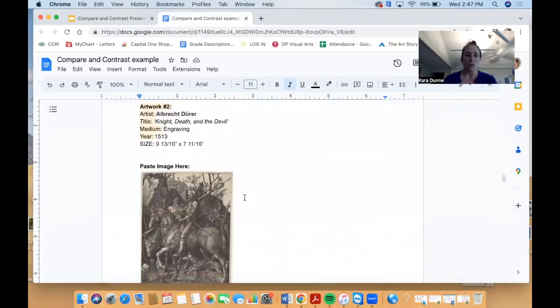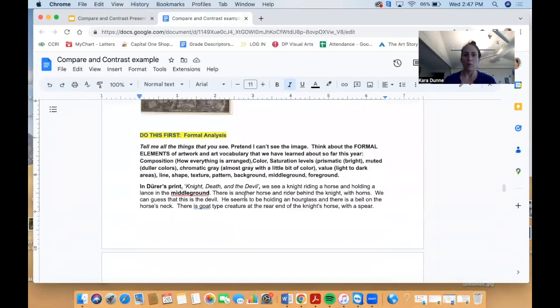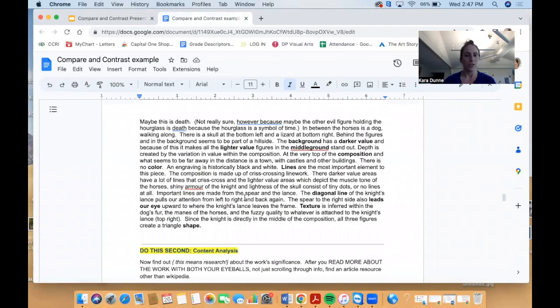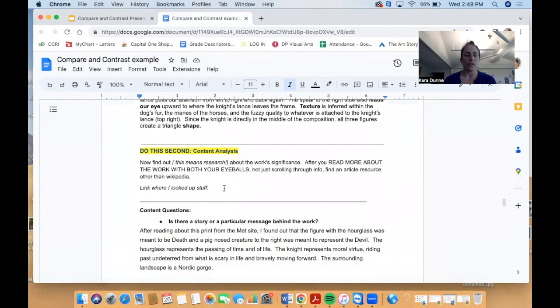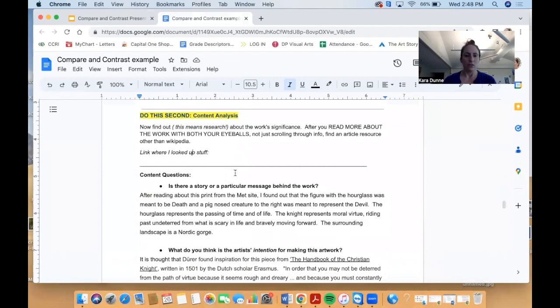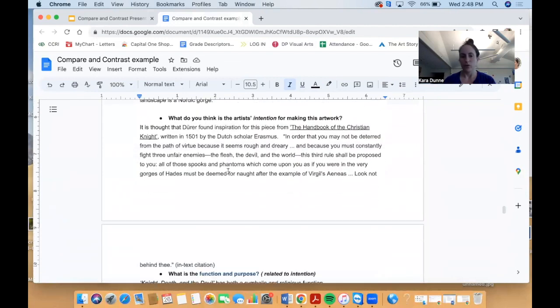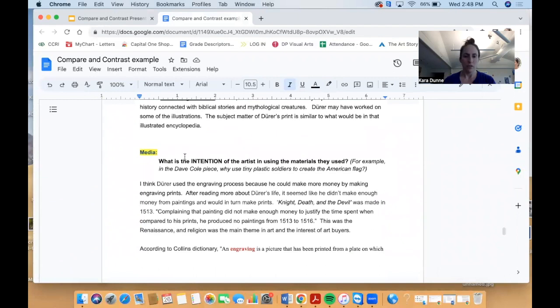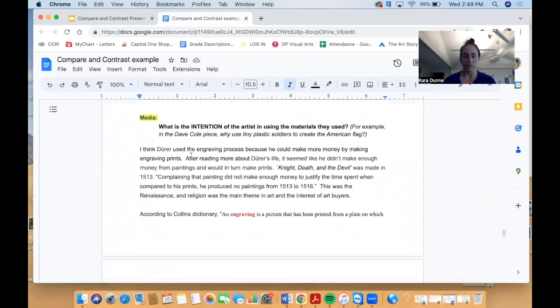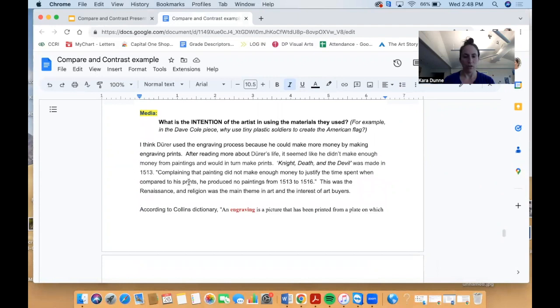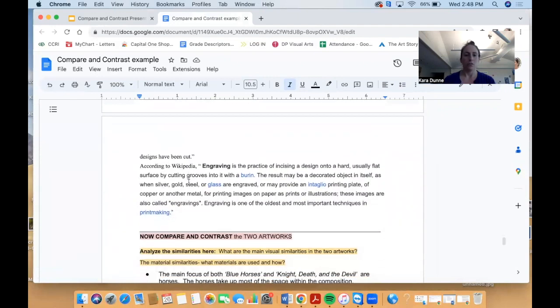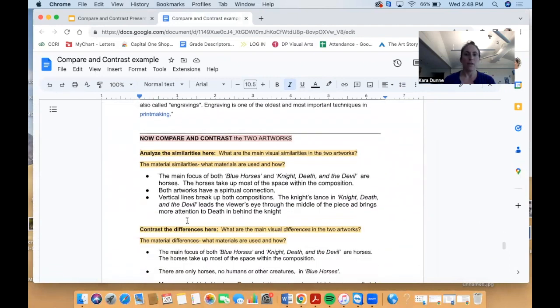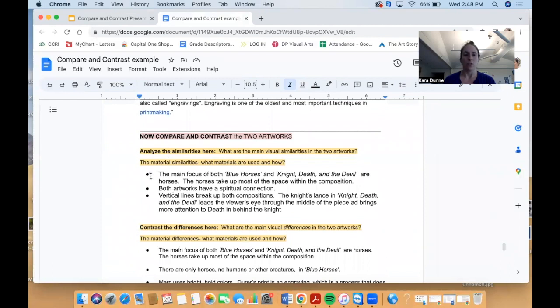Artwork number 2, here it is. Formal analysis, ready to go. Content analysis, I still need to put my links right here, but I answered all my questions. My source links. The media, talking about why Dürer used an engraving for this particular artwork. And then the compare and contrast of the 2 artworks can be in bullet points.